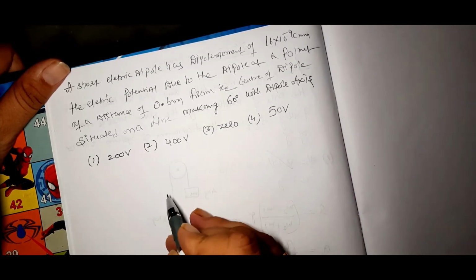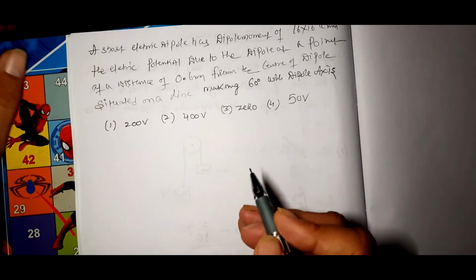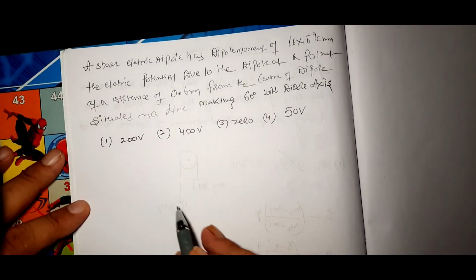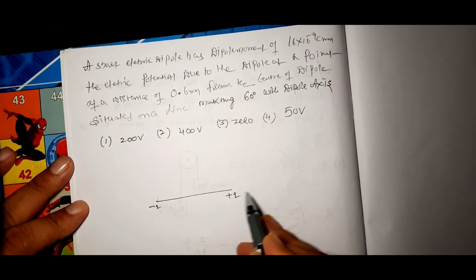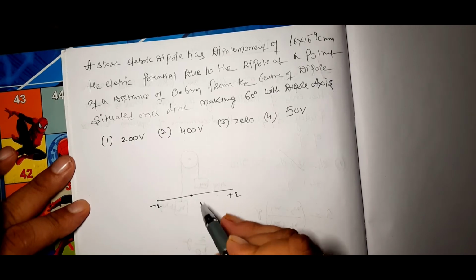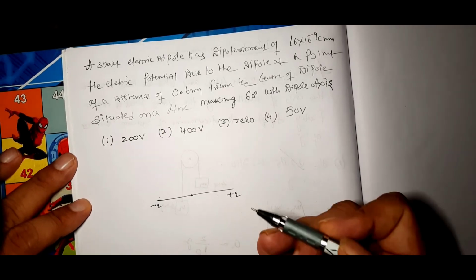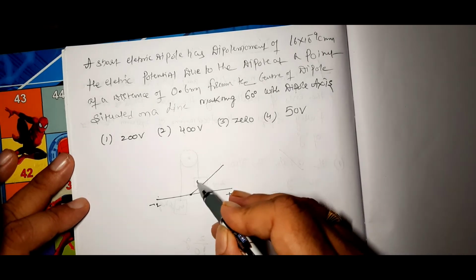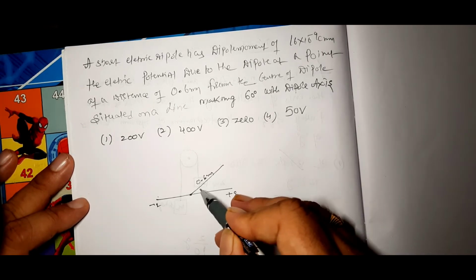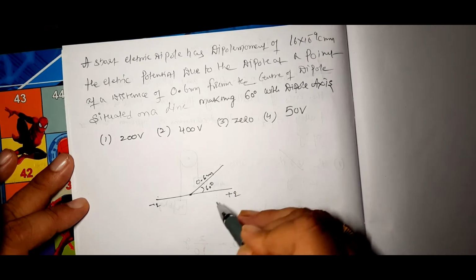Here this is a dipole. From the center of the dipole at a distance 0.6 meter, at an angle 60 degrees to the dipole axis.